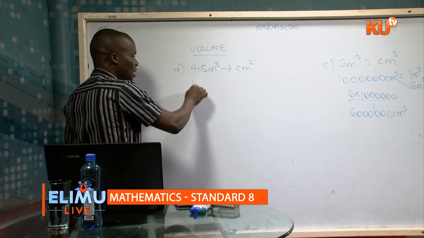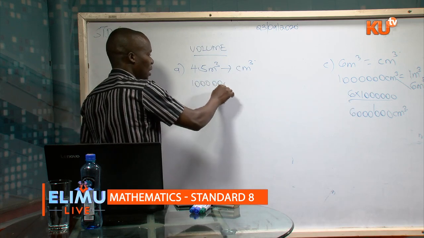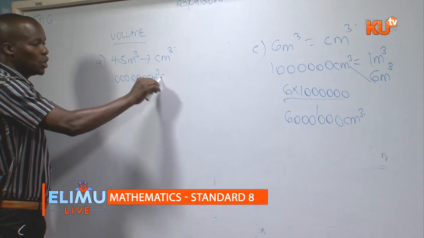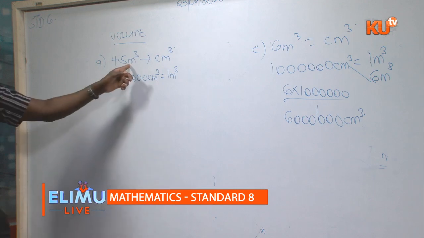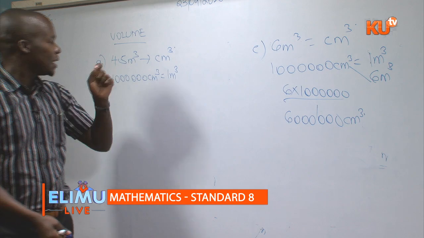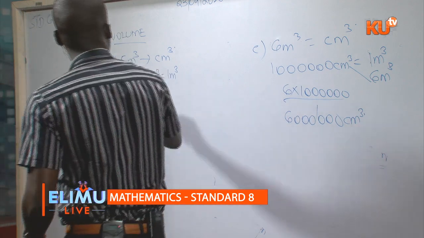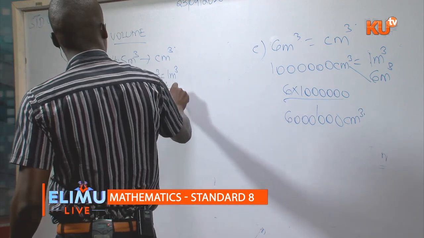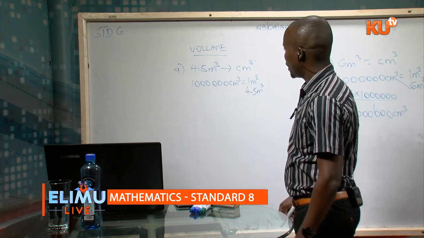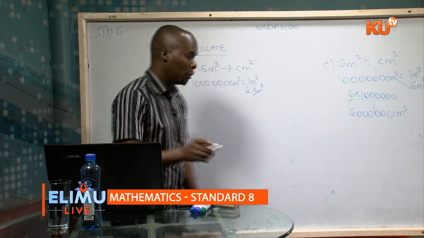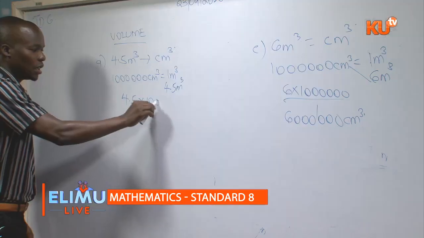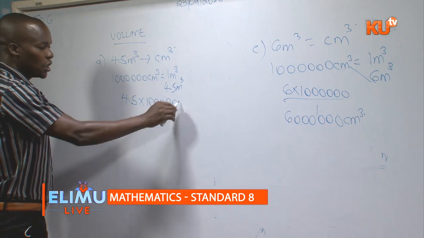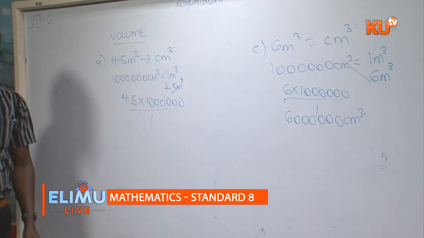Once you do that, you say that 1 million cubic centimeters is equal to 1 cubic meter. Then you are given this. What about 4.5 cubic meters? I hope you're doing it with me at home. Take 4.5 times 1 million over 1.